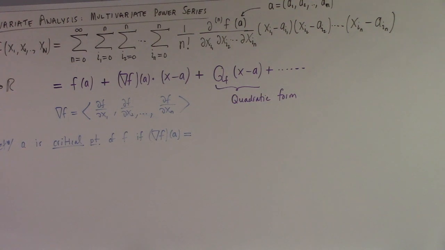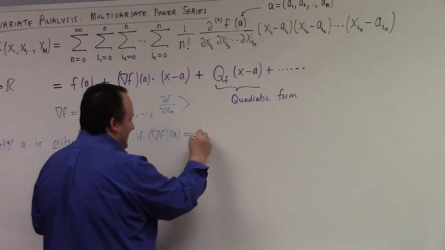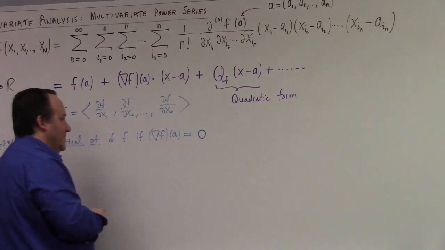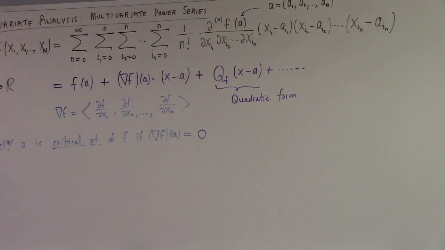Zero or undefined. Yeah, 0 or undefined. Very good. So I wrote gradient of f. Yeah, undefined is the other possibility. I'm not going to be so bold as to try to study the undefined case in today's lecture. I'm assuming f is smooth, like it's got enough derivatives for us to do this all day long. So that's a critical point.